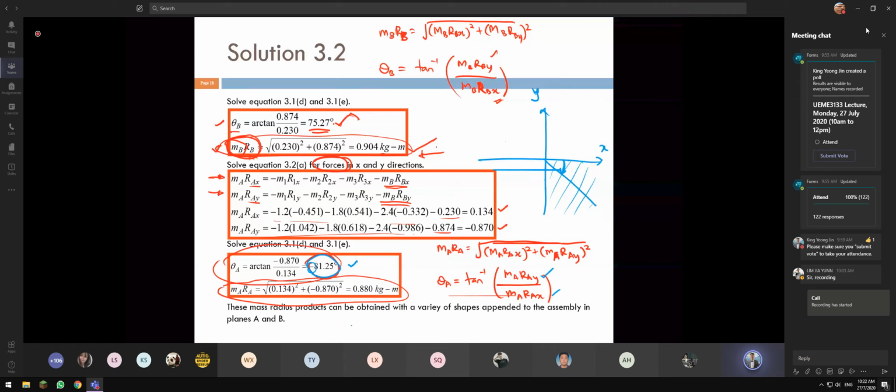Or, if you want to take the angle from here, I can say my theta A is 360 minus 81.25. That is my angle. That's why you sketch this, so you'll know whether what you calculated is the actual angle you want to present. This is how we solve it. Again, most of the time we'll just leave it with the mass radius products.